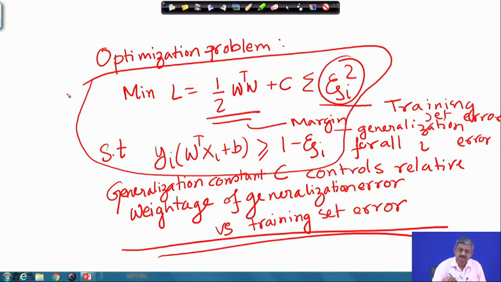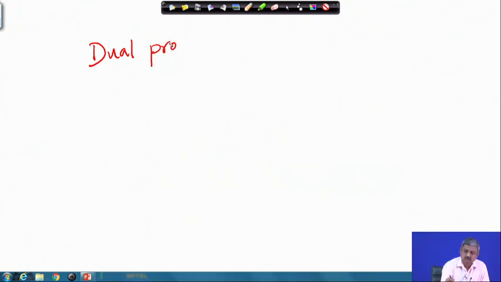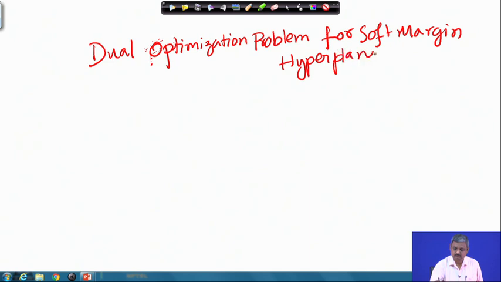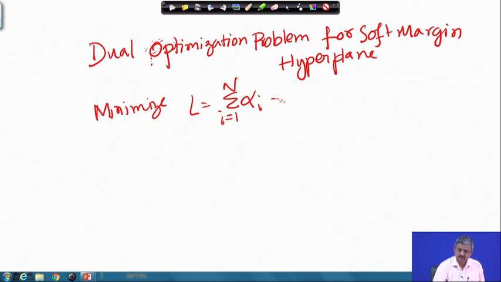The dual problem looks like this. If we transform it, with all the operations that we did earlier, we get the same form, where alpha i are the Lagrange multipliers.